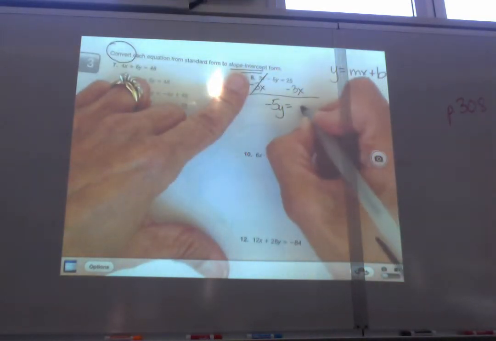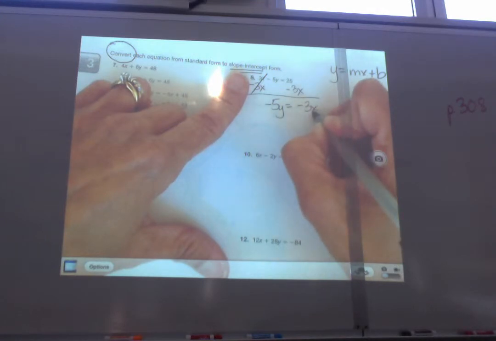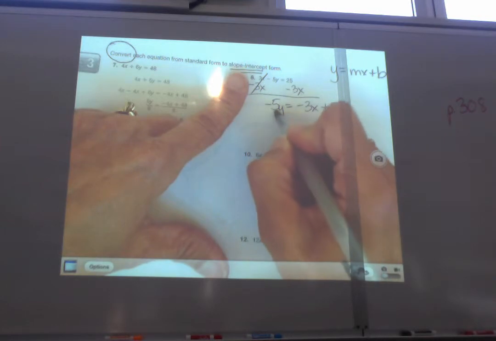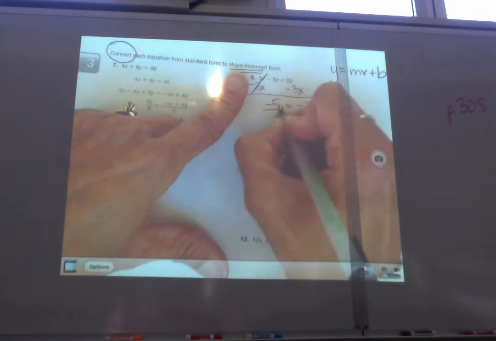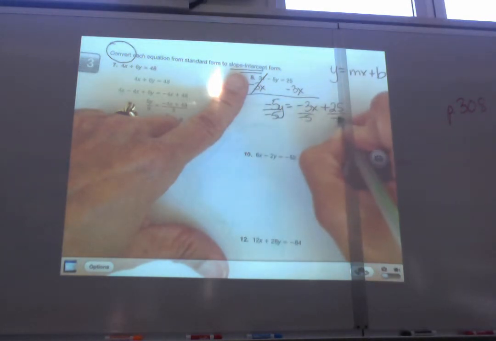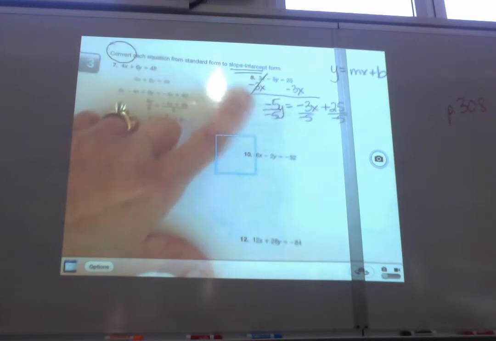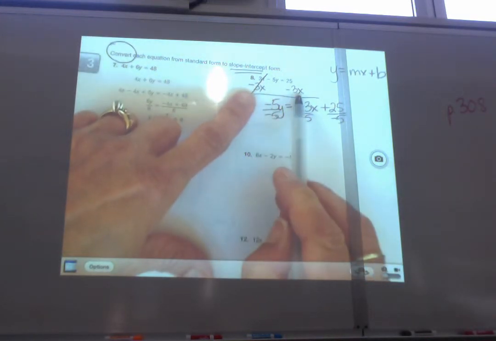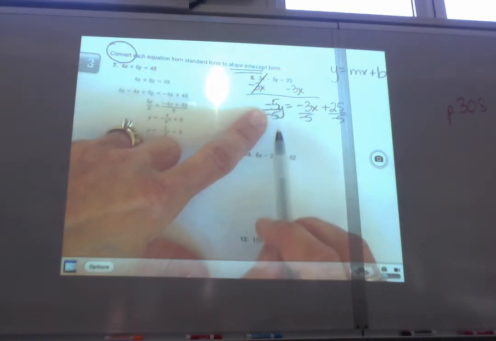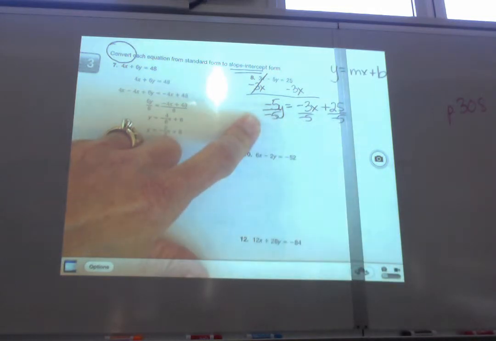Okay, so I'm going to go minus 3x, and I'm going to move the 25 over. Now I want to get that y and have it not have this 5 in front. I need to divide. So the first thing I did was move the x term by adding the opposite. Second thing I'm going to do is get y with no number in front by dividing by the negative 5.